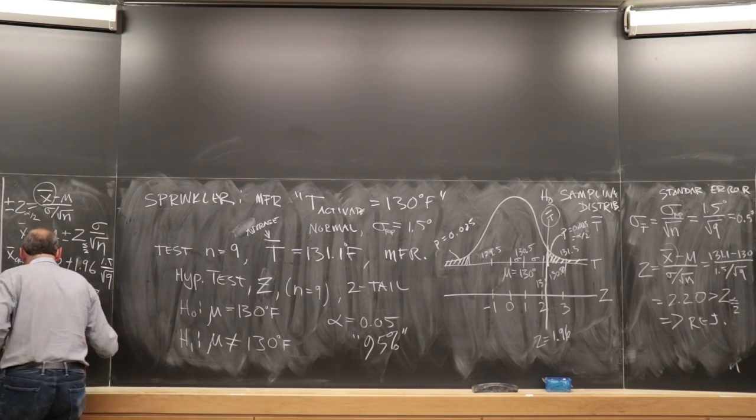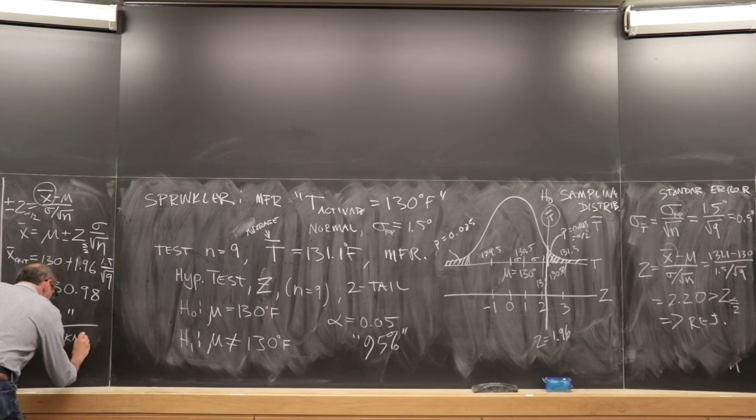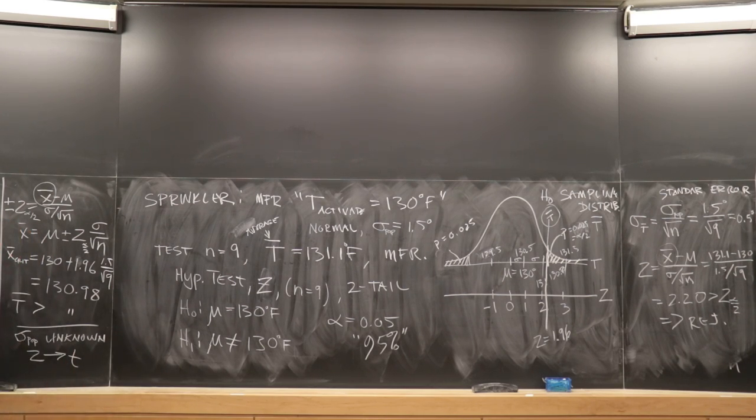So if I say sigma pop is unknown, then my z goes to t. The z value is 1.96, and my t value is 2.306.